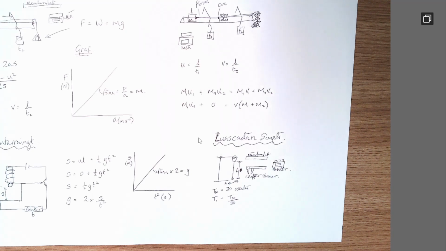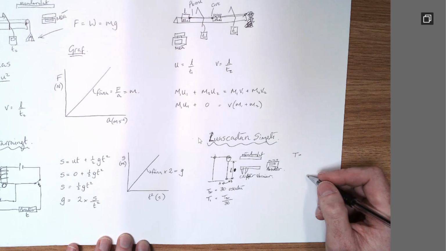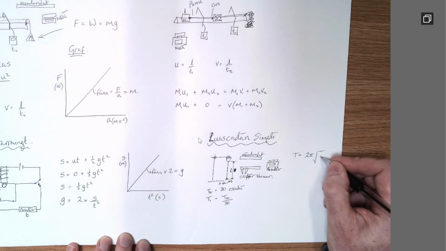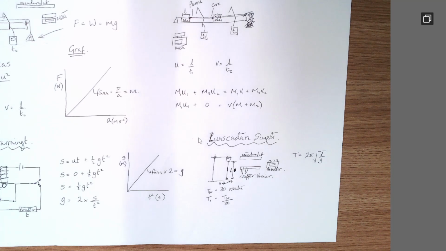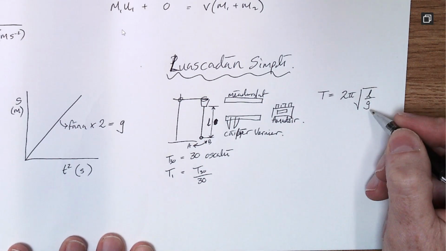Now the formula from your table: the period of a simple pendulum, T equals 2 pi square root of L over g. To make g the subject, we square both sides.